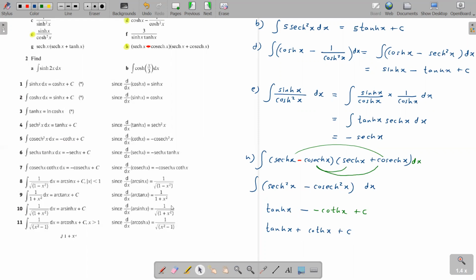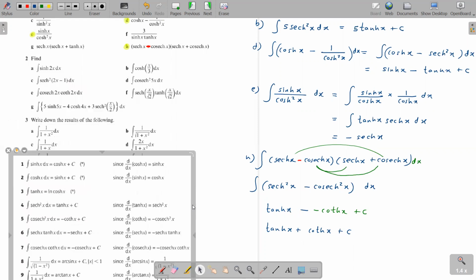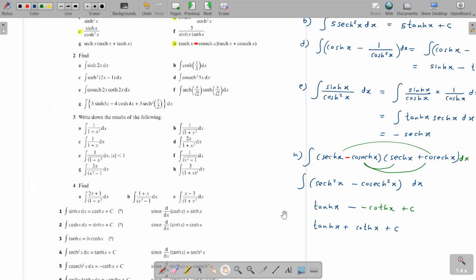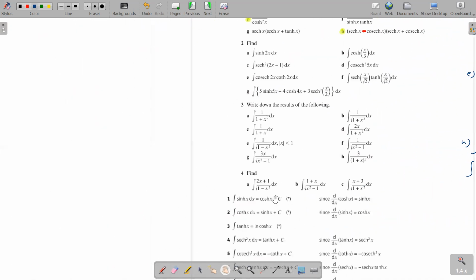In the next question, what you need to do is use the generalized format. Can you see in question number 2, they've given you sine 2x, cos x over 3. So basically you need to use all these rules in their generalized format.